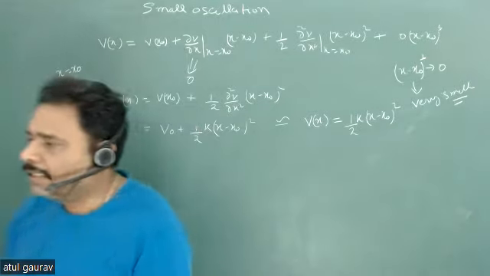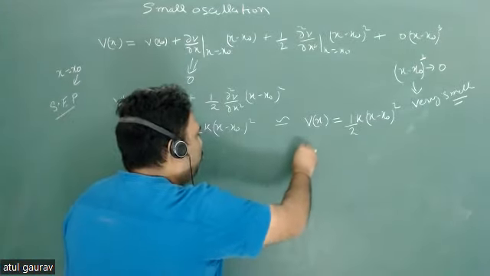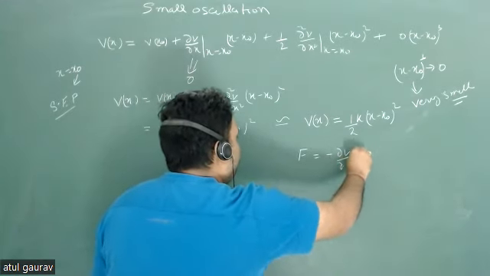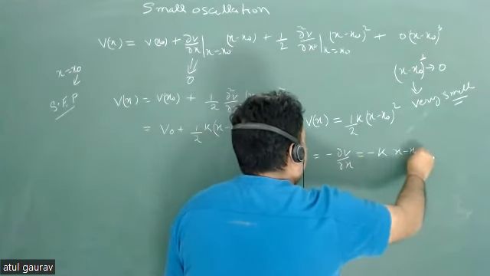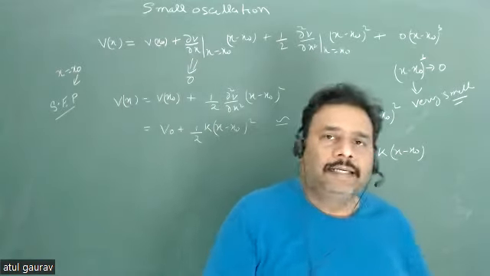We can approximate it, and what is going to happen? The force F is basically minus del V upon del x, and that is nothing but minus k (x minus x naught). Now look at this, it is linear in nature.